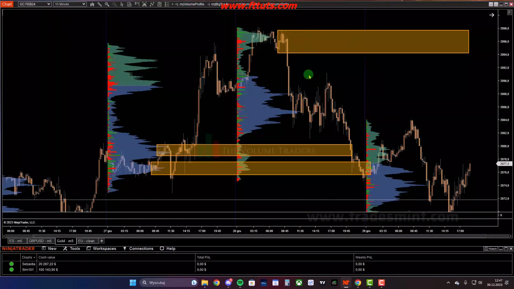But let's say that we are waiting for the price delivery to the demand, and price reached this area, unfortunately by the end of the day, but it reached. So where could be the safe TP? It should be trading from zone to zone. On this range we also see high volume on this area and also this area.